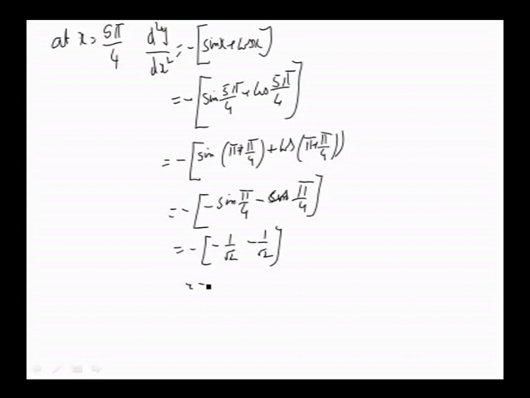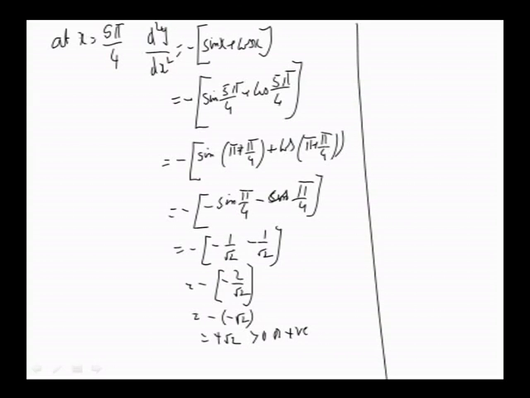So this is minus 2 by root 2. This is equal to minus of minus root 2. So it is plus. So this is greater than 0, or positive. So at this point, at x is equal to 5 pi by 4, the function is minimum.